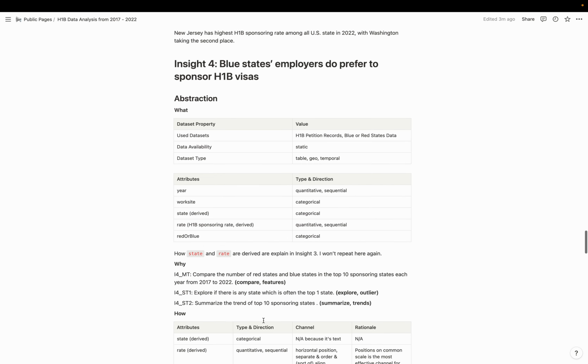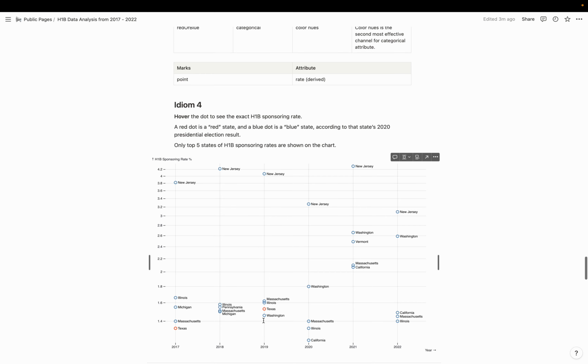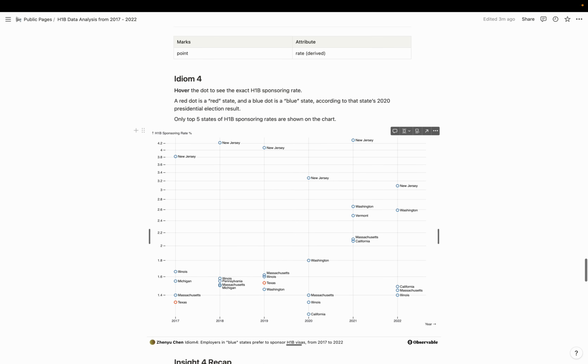And here is the fourth idiom. This one is a scatter plot, but a little bit different. So the x-axis is time, which is measured by year, and the y-axis is the H1B sponsoring rates.